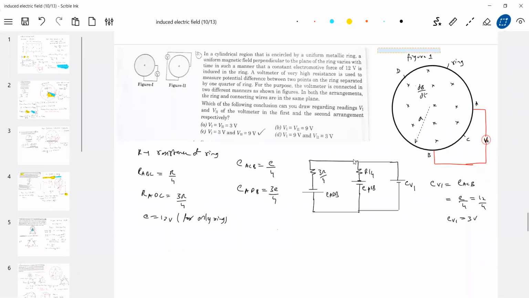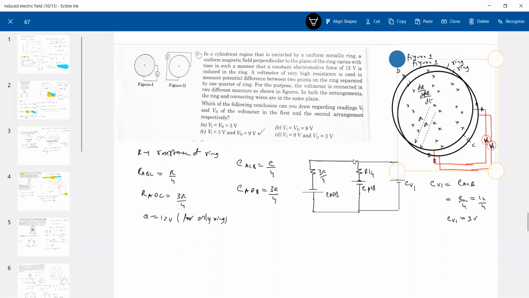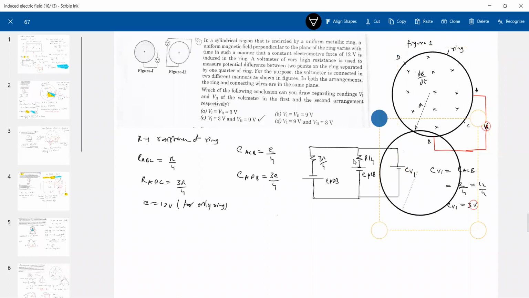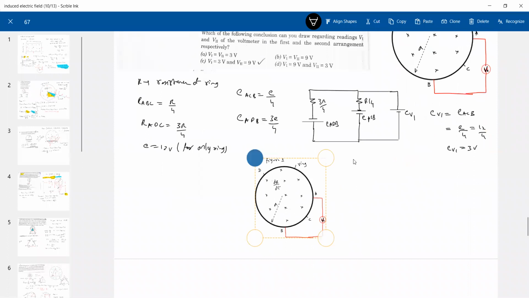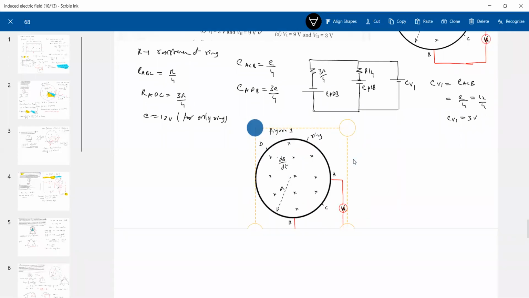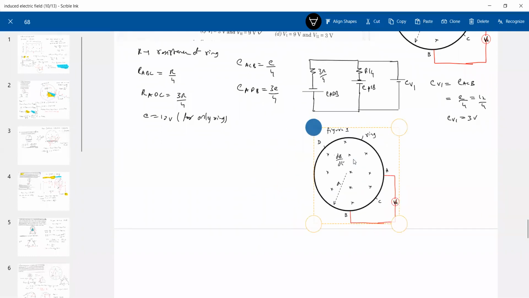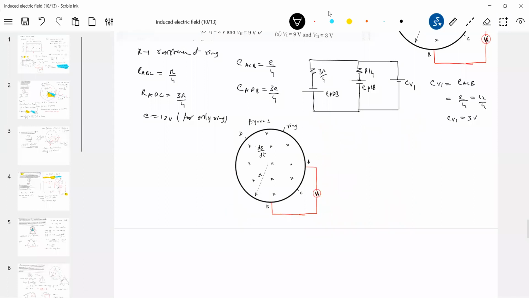Why is this not coming? We will wind up here now. Now check it in a similar way. So the voltmeter will be connected at the other ends.